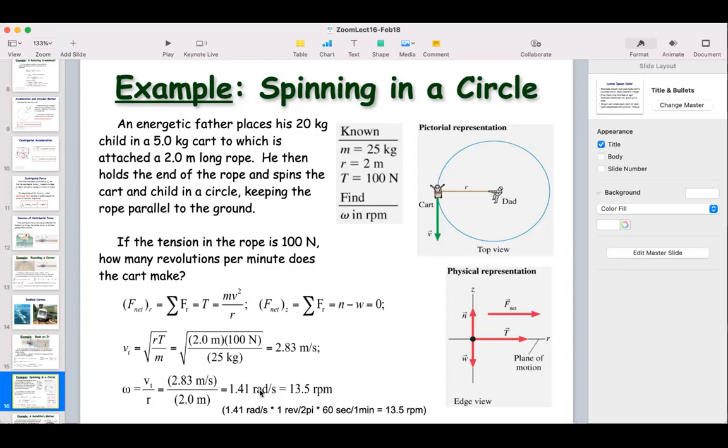How do I change from radian per second to revolutions per minute? It's written down here. I can multiply by 1 revolution divided by 2 pi, and I can multiply by 60 seconds divided by 1 minute. And I found 13.5 revolutions per minute.